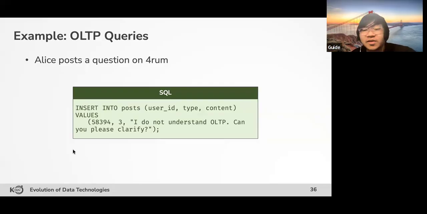So a very small piece of data, right? But there could be multiple users trying to post questions on the forum at the same time. So the system must be able to handle these updates concurrently, right? Another type of OLTP query.